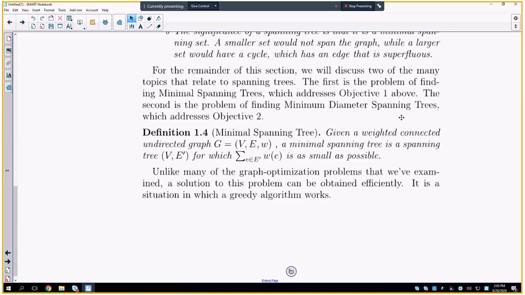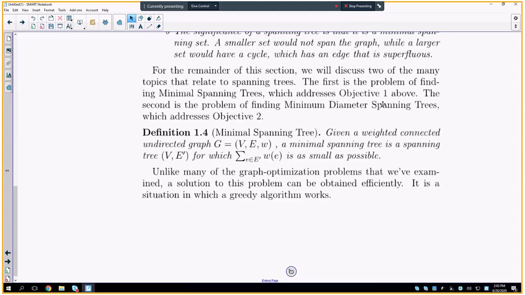Given a weighted connected undirected graph G = (V, E, W), where V is the vertex set, E is the edge set, and W is the weight of the edges, a minimal spanning tree is the spanning tree (V, E prime) for which the sum of all the weights is as small as possible. Unlike many of the graph optimization problems we examined before, a solution for this type of problem is actually pretty efficiently obtained.